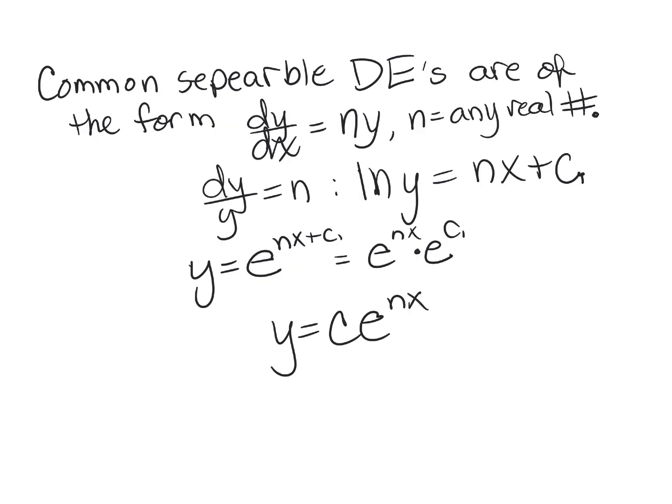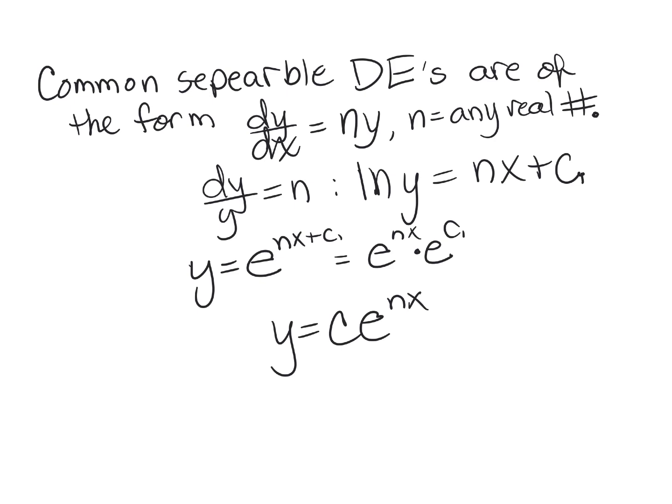You will see a lot of this particular form of a separable differential equation, which will be the derivative equals some constant times a function. When we solve this equation, we're going to divide by y and multiply by x. This is so common. You'll see it over and over in your homework and in the real world. When we integrate the left-hand side, we get the logarithm.